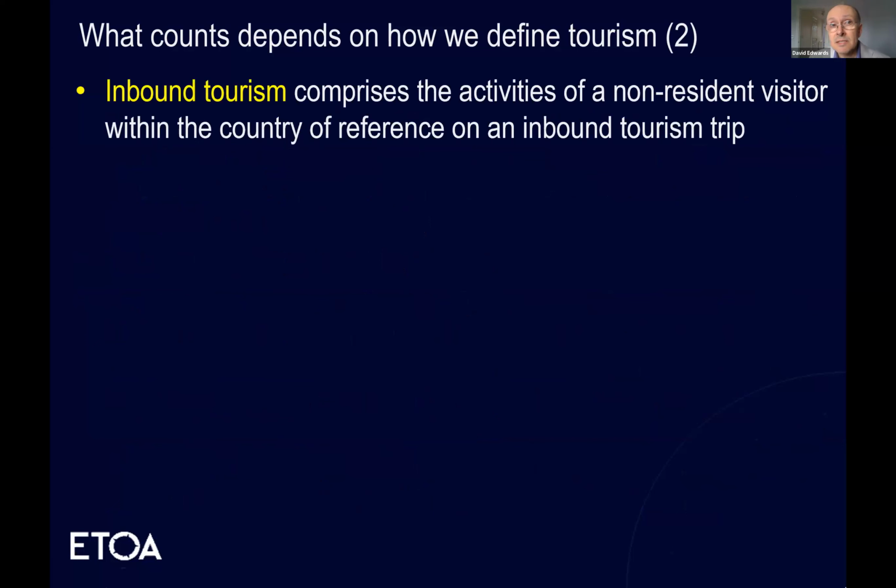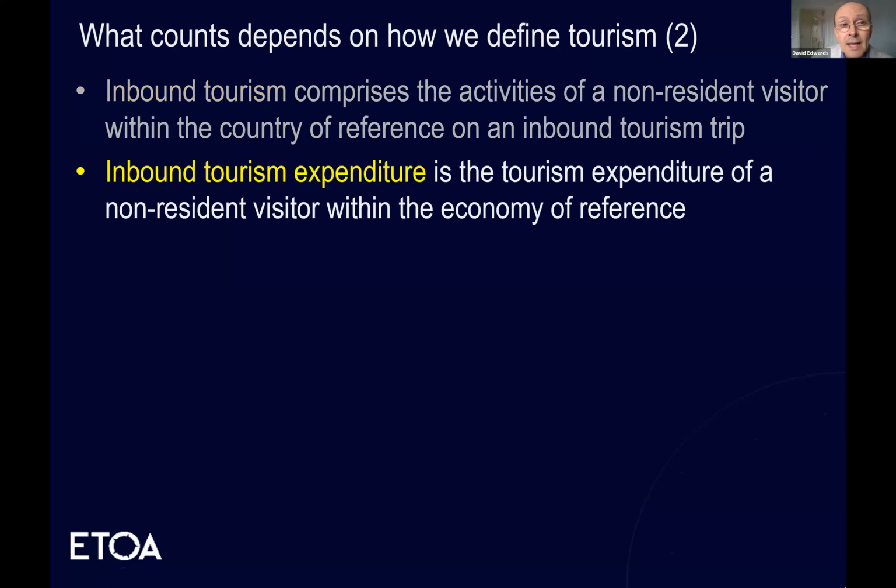Finishing this definitions session off, inbound tourism, this is quite a straightforward one. It comprises the activities of non-resident visitors within the country of reference on an inbound tourism trip. And inbound tourism expenditure is the tourism expenditure, whose definition we have already seen, of a non-resident visitor within the economy of residence.